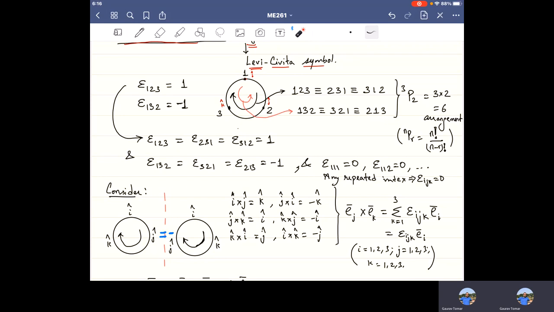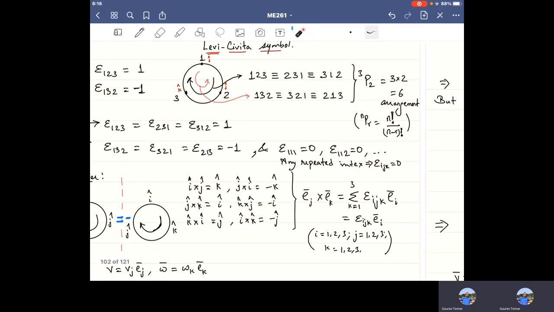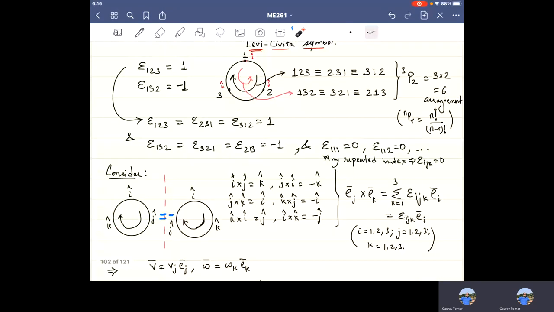So we just take a clue from there and we can say any cross product between, let's say, ej and ek vectors can be written as epsilon ijk ei. Because your epsilon ijk will ensure that when you go in an order, whether it's plus k cap or minus k cap, it will determine that.